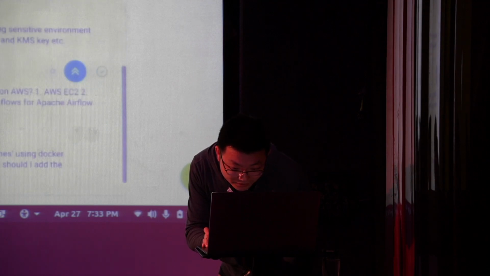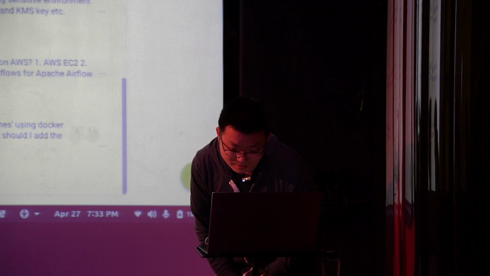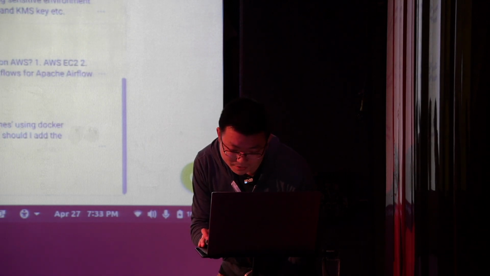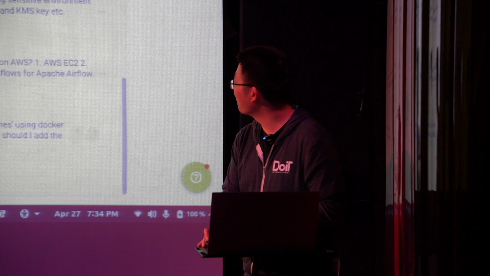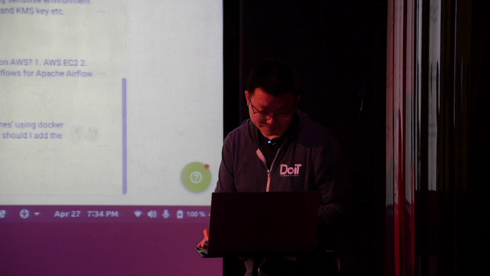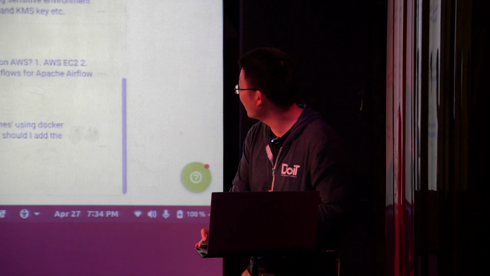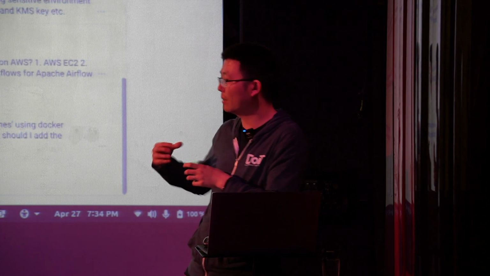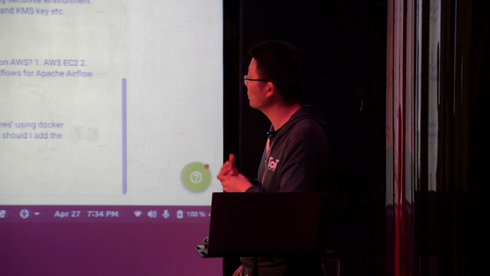The next one is, can you speak about setting and accessing sensitive environment variables within Airflow, for example, bucket name and KMS key? Cool, that's a really good one, because I didn't cover that. If you are deploying Airflow within Composer, you can leverage the native GCP service called Secret Manager.